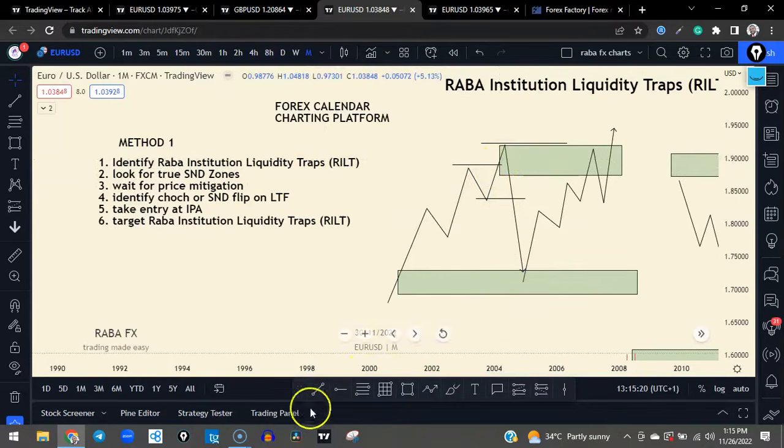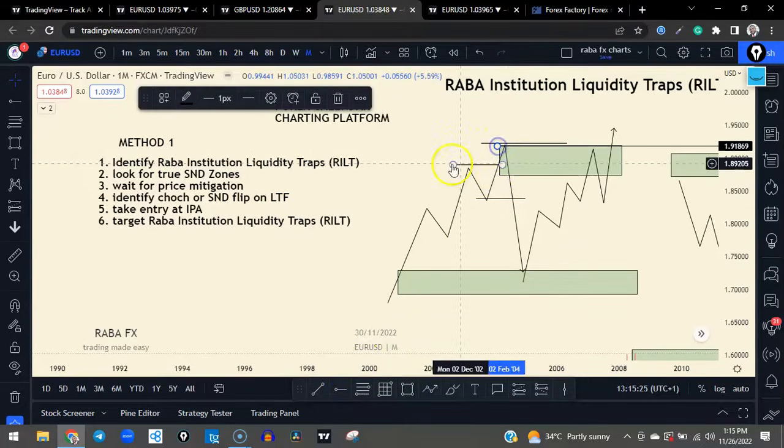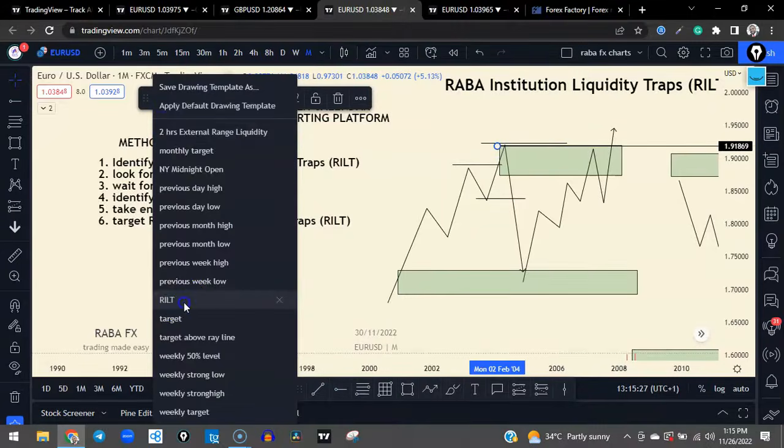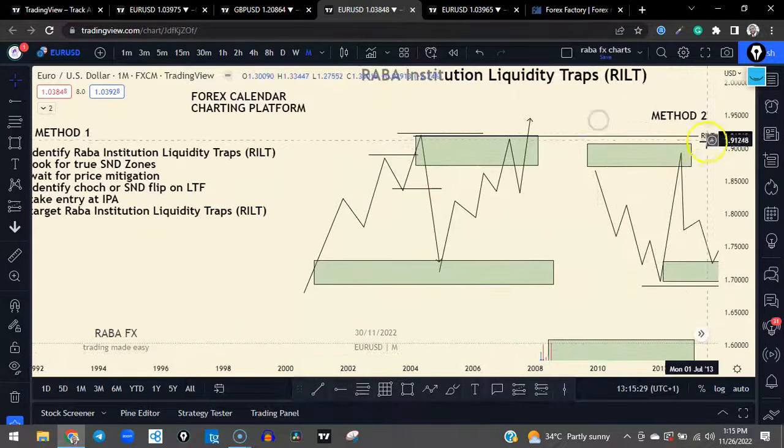Once you notice that, you simply take your rate tool, mark that level, and label it RILT, so that in the future, when price approaches this, sometimes it might be immediate, sometimes later. I'm going to show you examples. Once price approaches this level, that level should be a target for you, regardless of whatever is being formed there, be it CHOCH, order block, supply zones, or anything. Regardless, that level has to go.